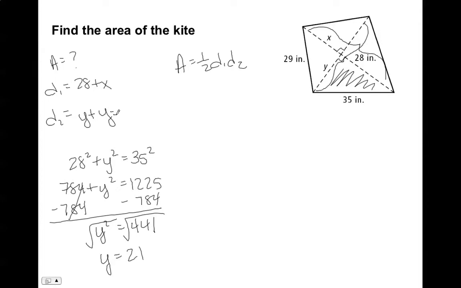So here, 21 plus 21 is 42. So we now have diagonal 2. And we also know that this is 21, which now we can use Pythagorean theorem again in order to find x.